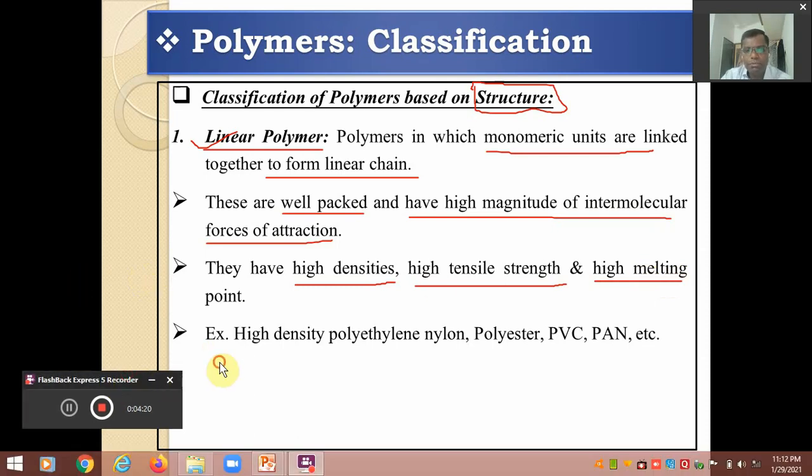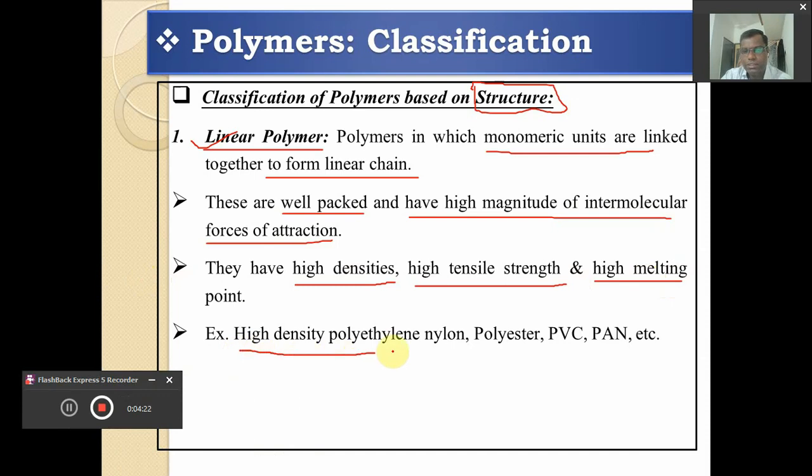Examples of this type of polymer are high density polyethylene, nylon, polyester, PVC, that is polyvinyl chloride, and PAN, that is polyacrylonitrile. These are examples of linear polymers, because in these polymers all monomeric units are linked together to form a long linear chain. That's why they are called linear polymers.